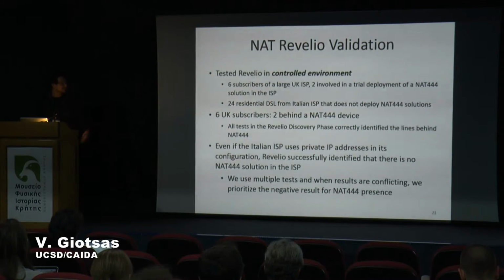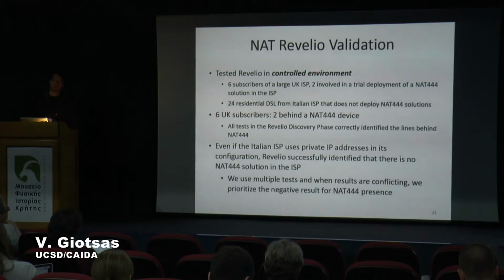The interesting thing here is that all the tests of the second phase correctly inferred the presence of CGN. And the second ISP is an Italian ISP that does not deploy NAT444, but it uses private IP address space.